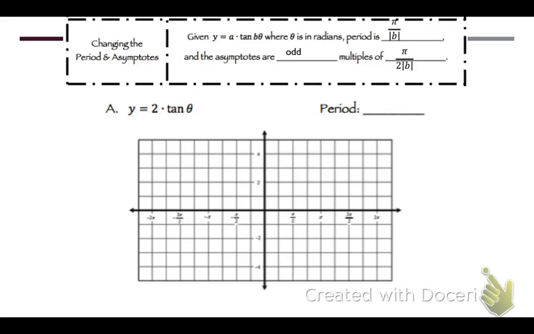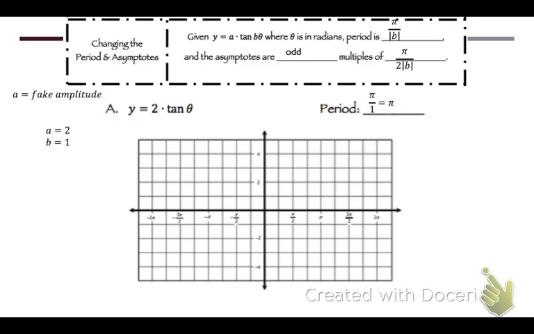Okay, so here I still want you to label your A and your B, but this time our A is our fake amplitude, because we don't really have an amplitude. The amplitude is undefined, so we're just going to call A the fake amplitude because it's fake, okay? So our A is 2, our B is 1. So our period is pi over 1, which is pi.